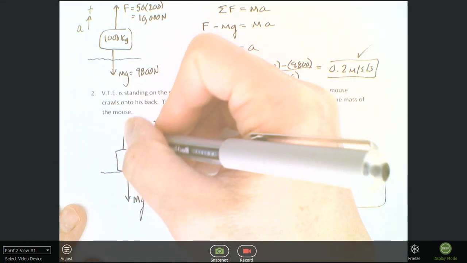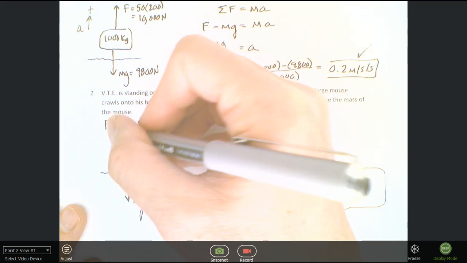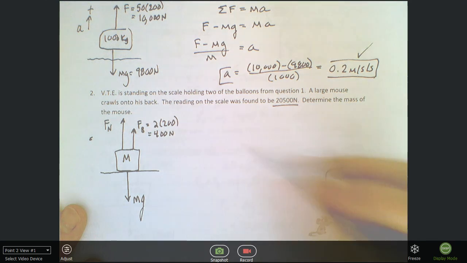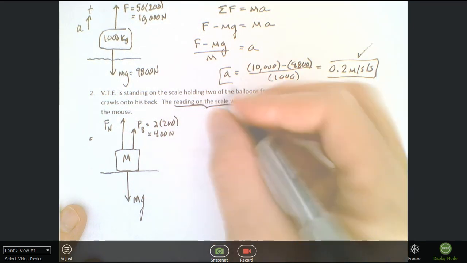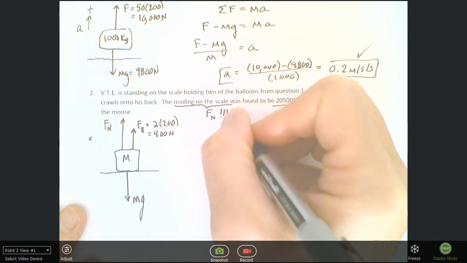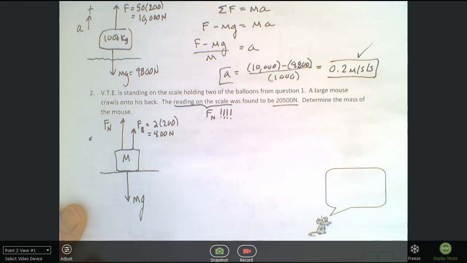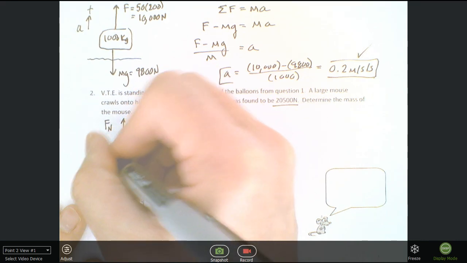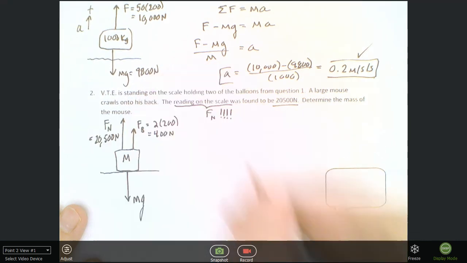And because now we're back in a situation where we're touching the surface, the scale reading is the normal force. Which is the normal force. And it equals 20,500 newtons.